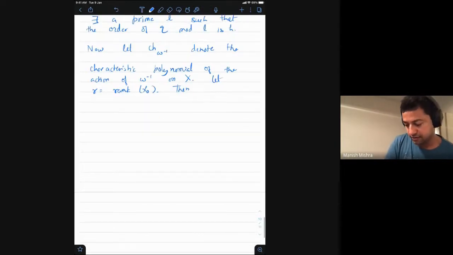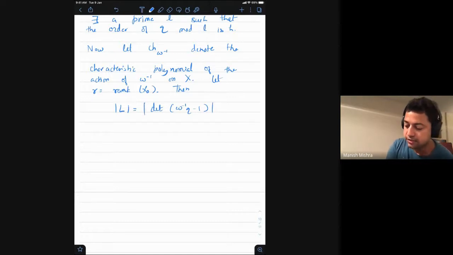Then from linear algebra, you know that L is just the determinant of the linear transform q omega inverse minus 1.